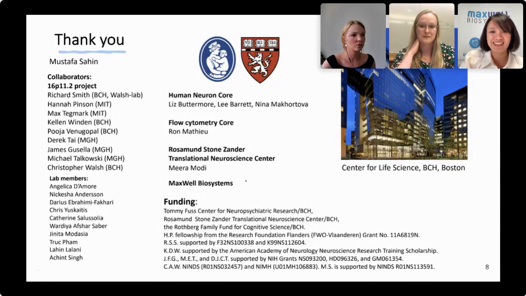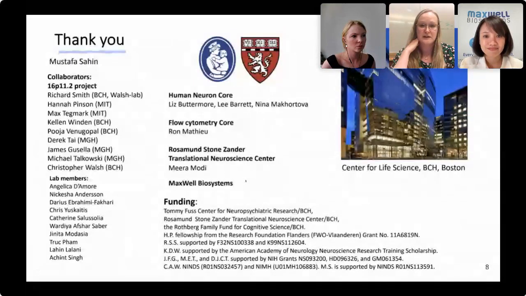Yes, that's a really interesting question too. We were actually surprised that we couldn't detect any bigger or more significant differences in the duplication cells compared to deletion or control populations. But looking at the patch clamping, for example, there is mild hypoexcitability in the 16p duplication cells compared to controls.